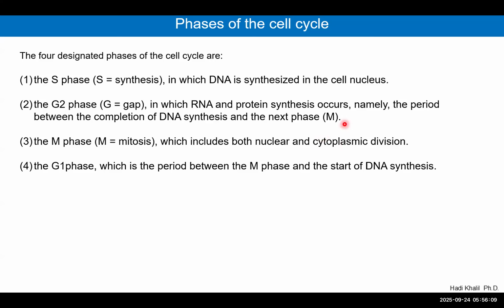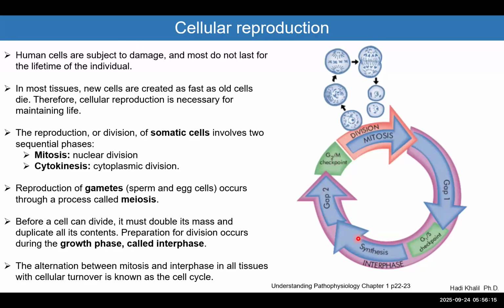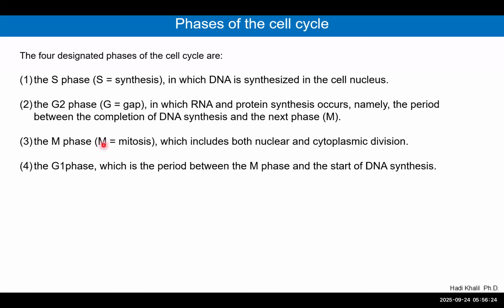If it passes through this checkpoint that you see in the previous slide, so we synthesize the material, we duplicate the DNA, and then we pass through this checkpoint here. If this is true, then the cell will go through the mitosis and it will divide the nuclear and the cytoplasmic material. Once that has happened, you could call G1 phase a recovery phase. It is needed for the next round. So after the mitotic process, the cells grow and then go to the synthesis again.